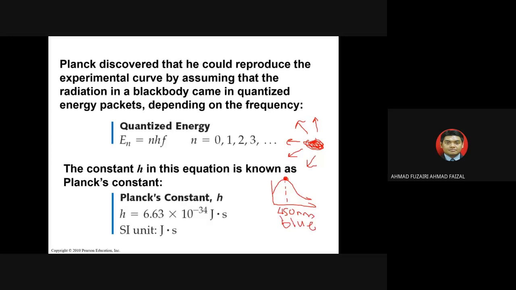Now you can always change the lambda later on to frequency by using v equals f lambda, this equation, to change this 450 nanometer to frequency. So now knowing the peak frequency coming out from this black body radiation, if you input the value of frequency here into this equation, now you can calculate how much energy being given off by this black body.